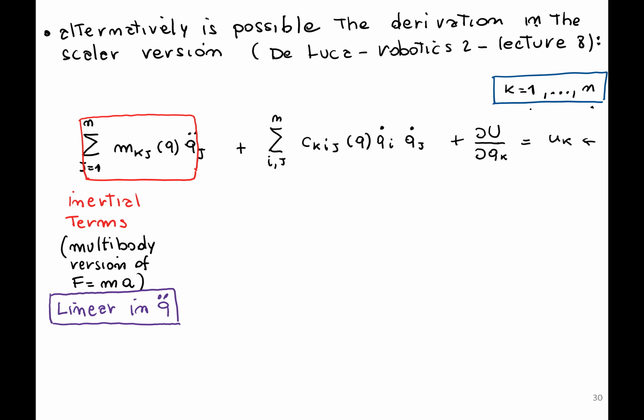So if we look at one line, we can discriminate that we have inertial terms. This is the multi-body version of the Newton equation, where we have a force equal to mass times acceleration. So we have the acceleration of the joint, and these are multiplied by the row of the inertial matrix relative to that joint.